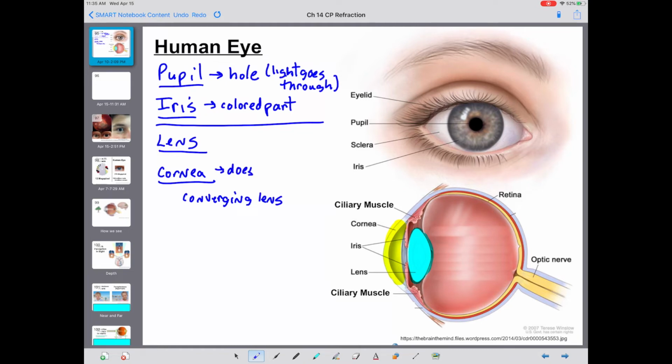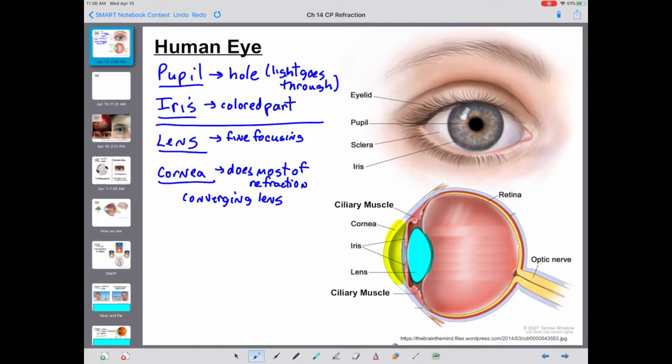The cornea does actually most of the refracting of the light. In other words, it gets the light traveling in approximately the right direction for you to be able to see. Then the lens does more of the fine focusing of the light to be able to get a clear, crisp image that forms on the retina at the back of the eye.